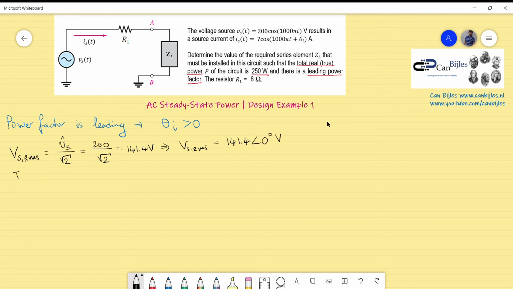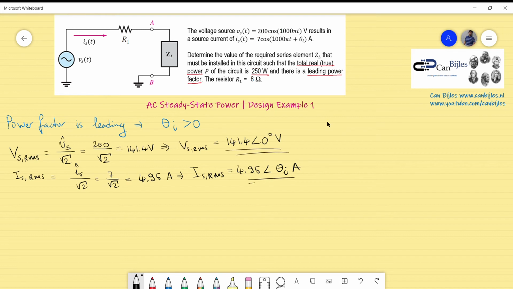The resulting current Is in RMS is the amplitude divided by the square root of 2, which is 7 divided by square root of 2, or 4.95 amperes. Expressing this in phasors, Is in RMS values is 4.95 phase theta of I.